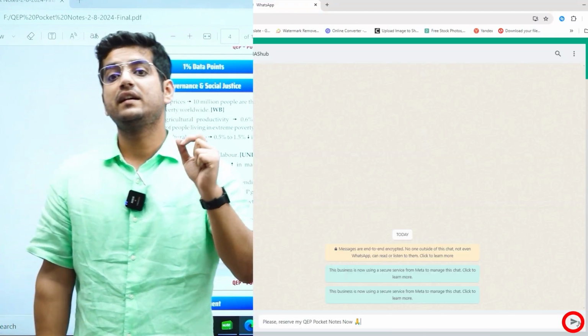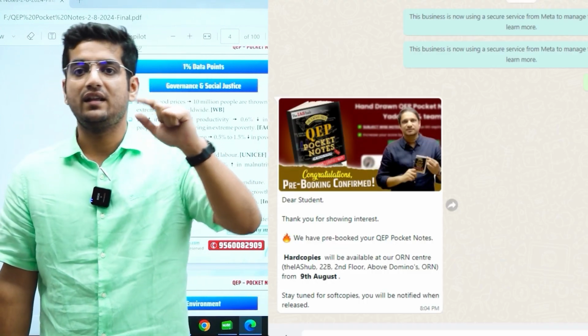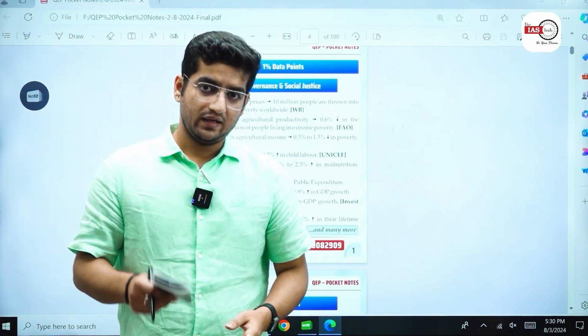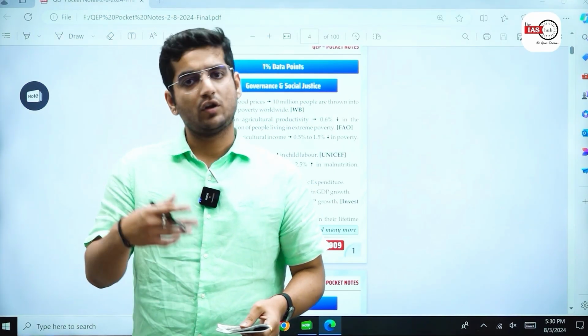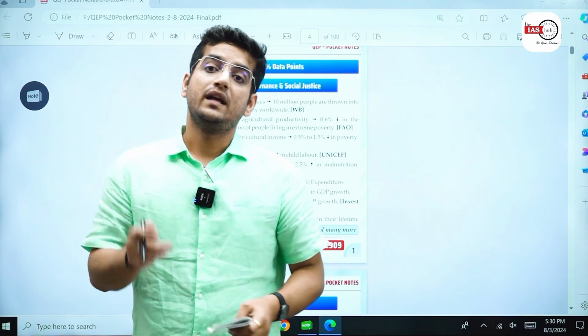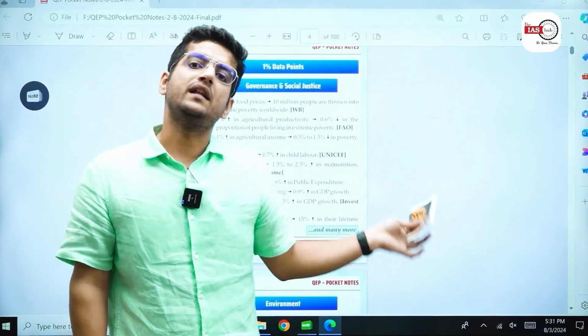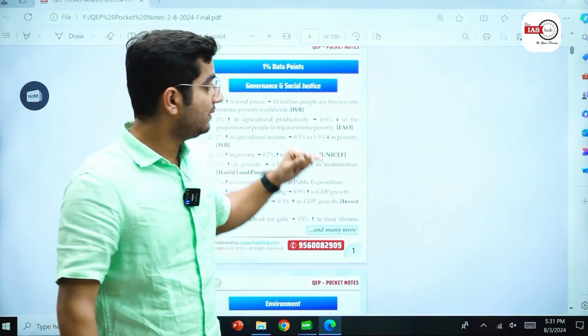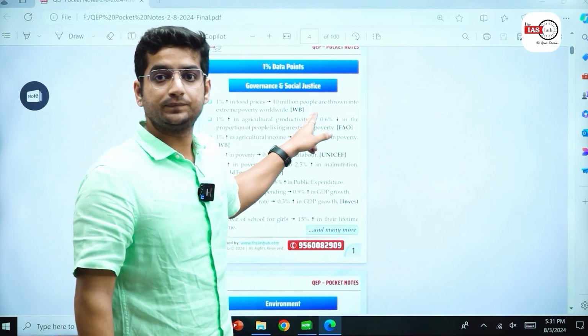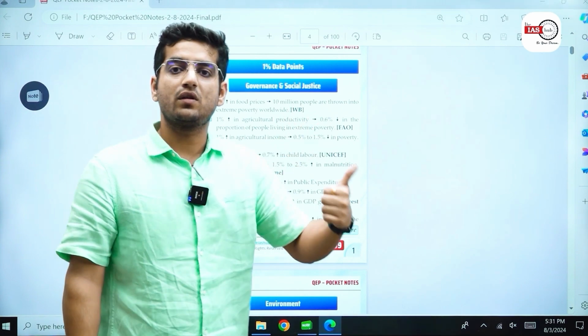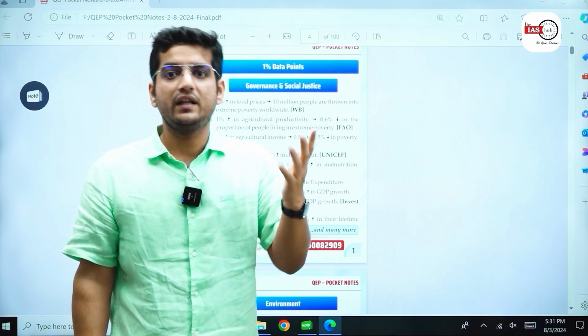Similarly, poverty gets used in the topic of society in GS1. If you have optionals like political science, administration, sociology, poverty as a concept is important there also, and this can come in handy. So what I'm trying to tell you is that this simple pointer can be an introduction, it can be a conclusion, it can be a pointer in your answer.